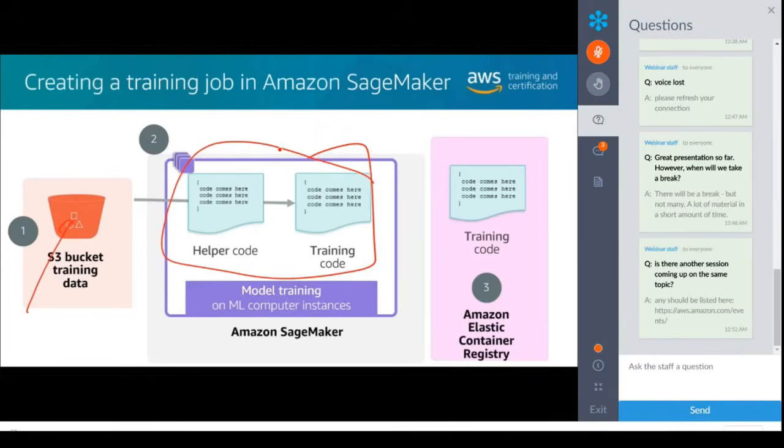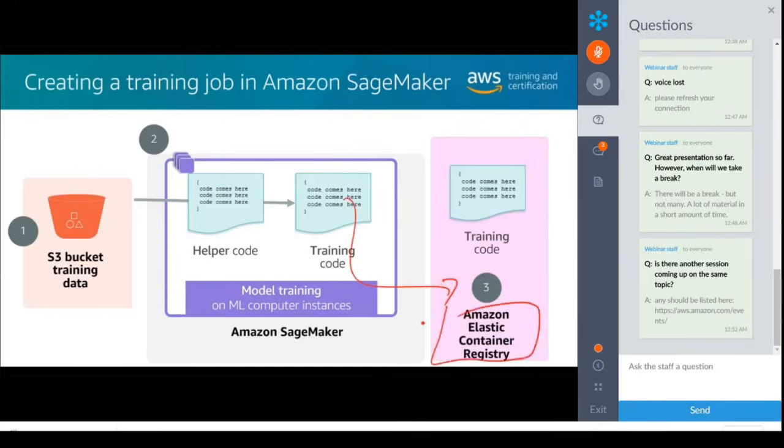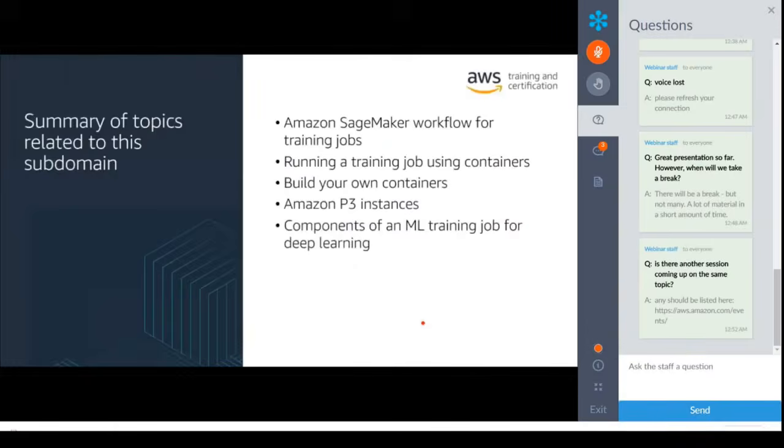You can ask SageMaker, hey, build a cluster of 6 nodes of this instance type, and then run this Docker image in training mode. Then SageMaker automatically pushes a copy of that Docker image into an ECR for you. So you use ECR to hold your Docker image, and then you can use that in production, which we haven't gotten to yet. That'll be the next domain.